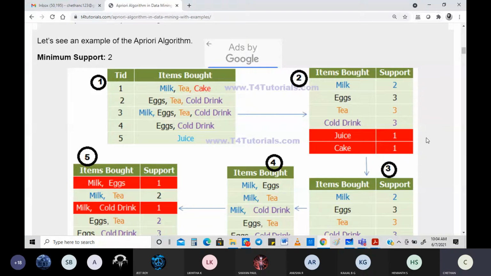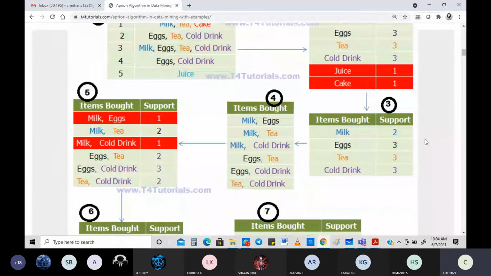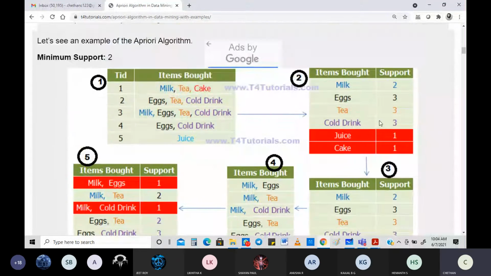The next thing is you need to figure out the minimum support, which is 2. We need to make sure that we are getting only values that are either equal to or more than the minimum support, and not anything less than that. So what are the things that are less than minimum support? Juice and cake.